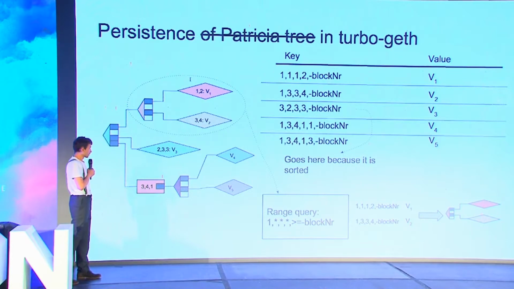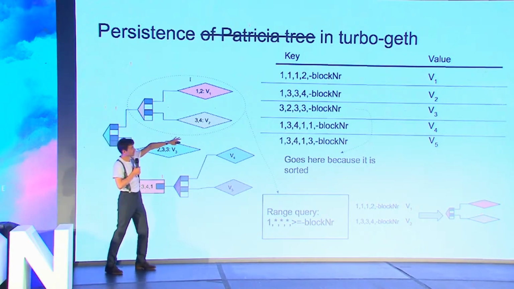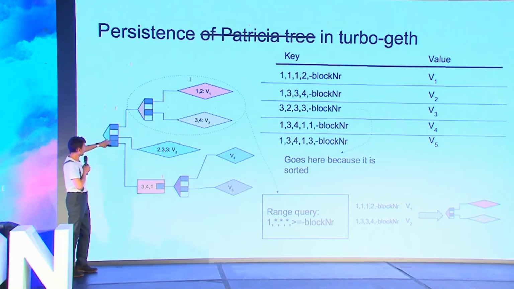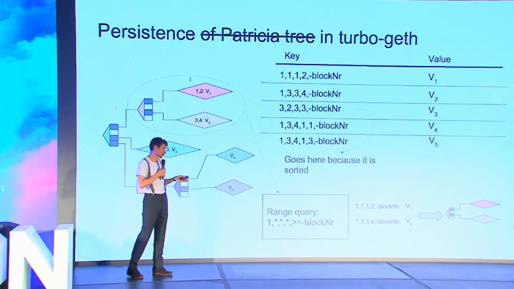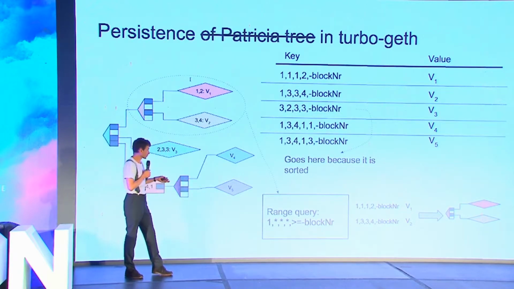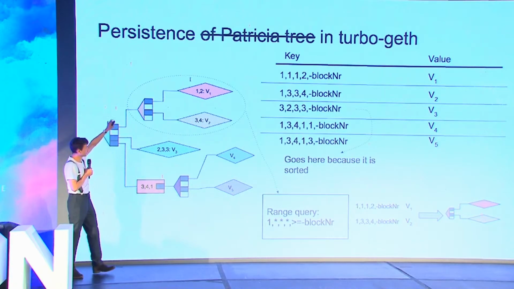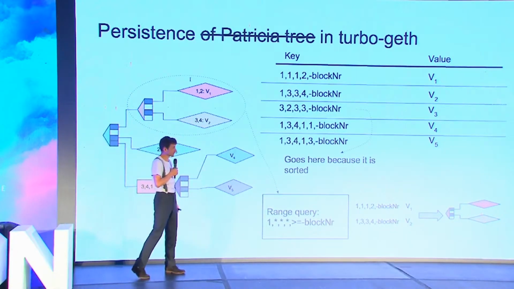But how do we do the lookups? Let's say that this part of the tree is currently offloaded onto disk and it's not present in memory. So what we do, we just have this bit, and we do this range query, which I'm going to be talking about later, where we say I want everything which starts with 1 and everything after that doesn't matter, and I also want the block number more than something.